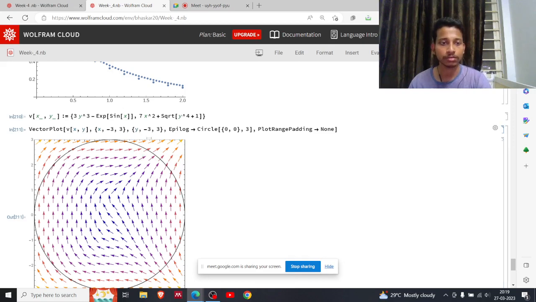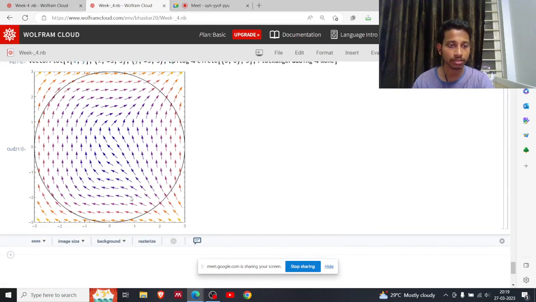So this is the vector plot of this particular function. Here you can see that the flow is in this direction.